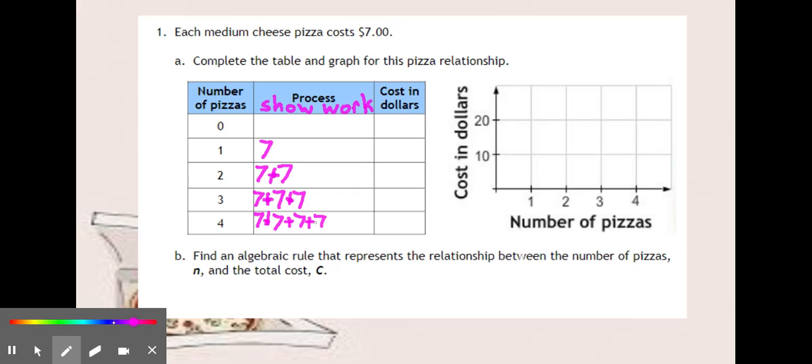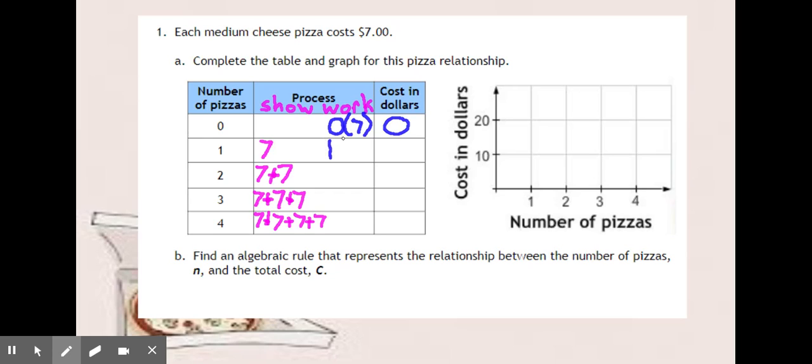But that can get really tedious very quickly to have to continually write the addition. So instead, we can use multiplication. So we can do 0 pizzas times $7 to get a cost of $0.